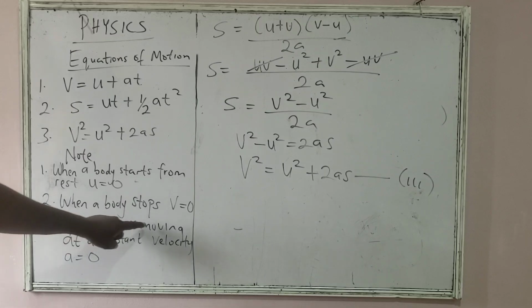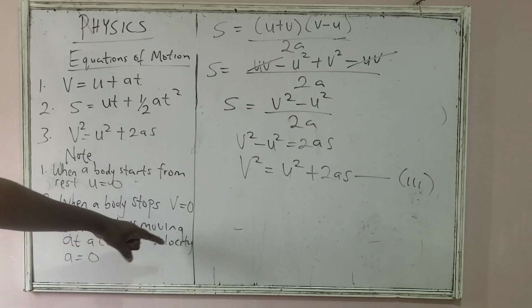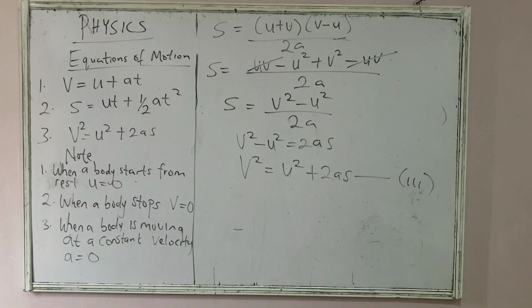And when the body is moving at a constant velocity, the acceleration is equal to 0. These are the things we should know before we move to the next level on the equations of motion, because we still have the calculations and the velocity-time graph to take note of.